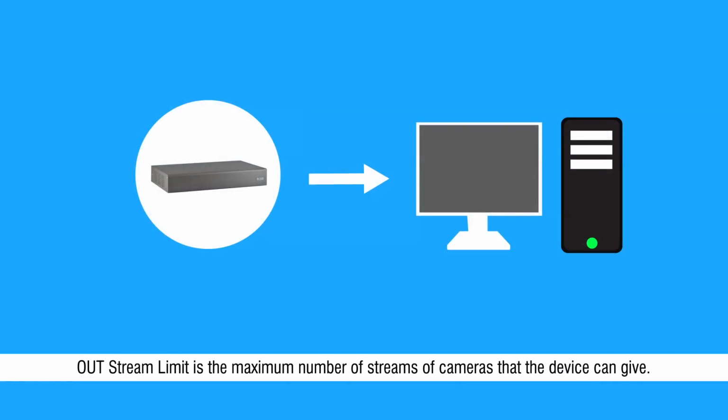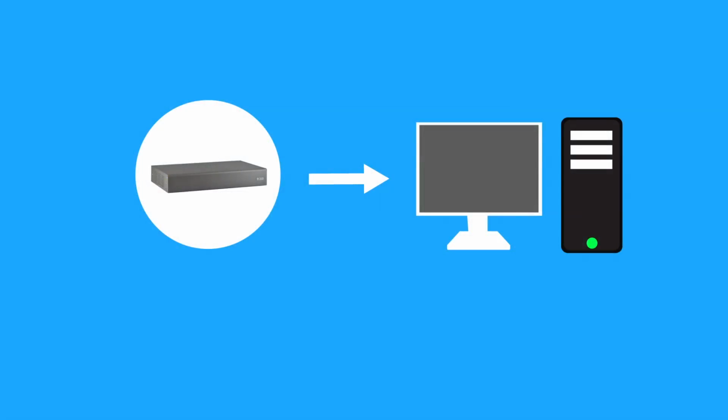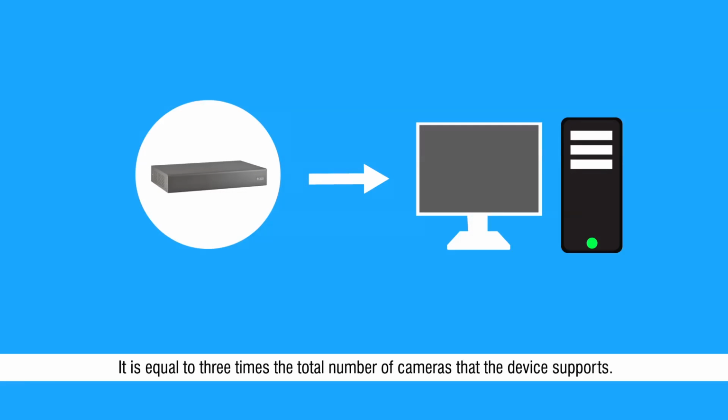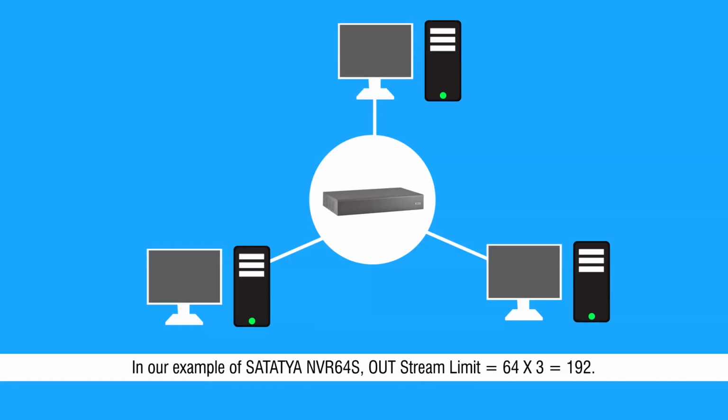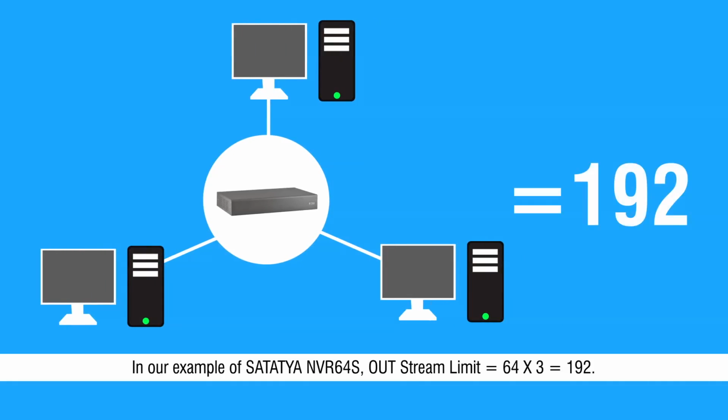Outstream limit is the maximum number of streams of cameras that the device can give. It is equal to 3 times the total number of cameras that the device supports. In our example of Satatya Nvr64S, outstream limit is 64 into 3, that is 192.